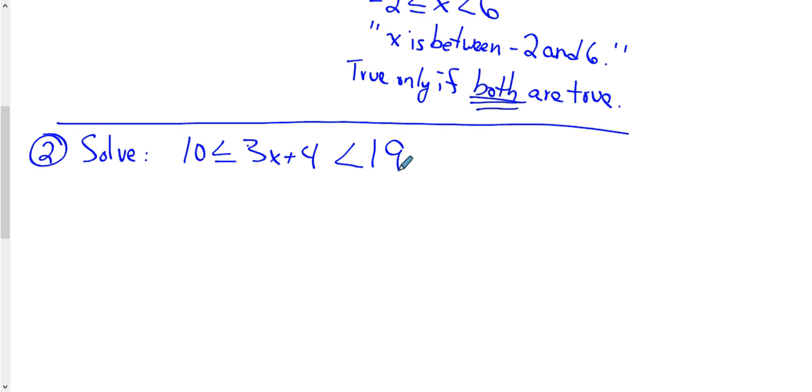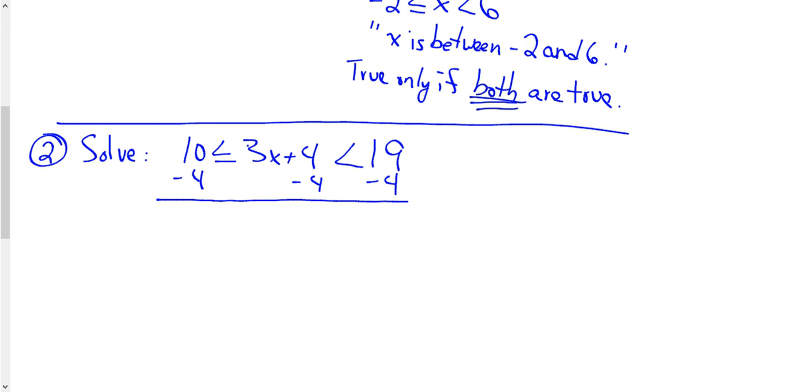Well, you know how when you solve an equation, you say whatever you do to one side, you do to the other? There are 3 parts of this here, right? So whatever you do to any part of it, you have to do to all 3. So subtract 4. Let's subtract 4 there and there.